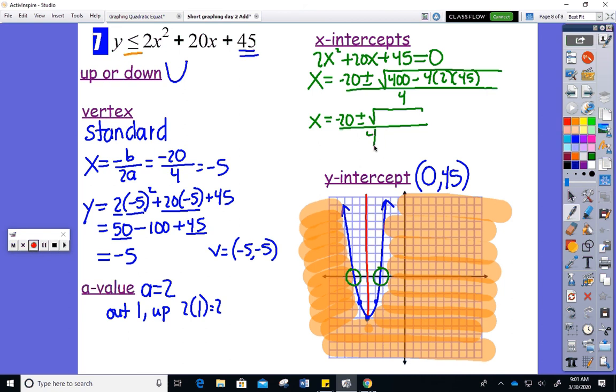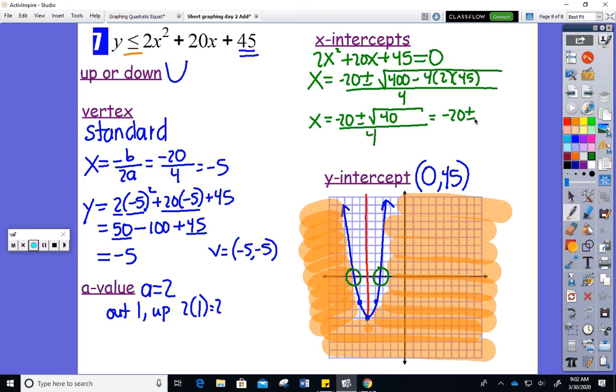And when I do that, let's see here, I'm punching it into my calculator. I hope you are too. 400 minus 4 parentheses 2 parentheses 45. Just punch it and write it like it is. That's 40. Okay, so that's going to be negative 20 plus or minus.